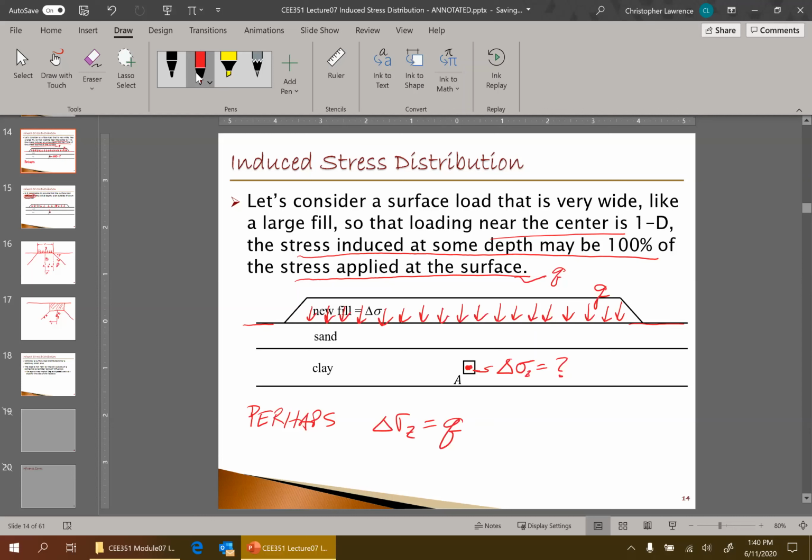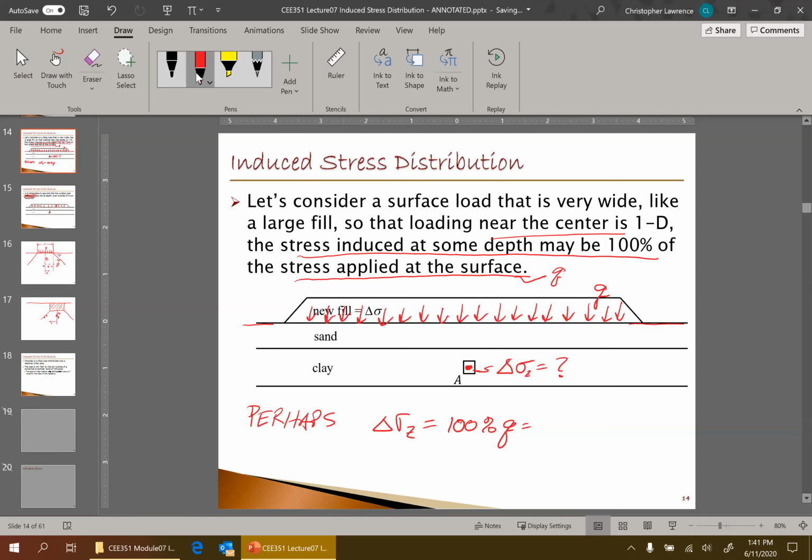And actually let me put this in better terms for what we're heading towards: 100% of Q. In other words, point A experiences all of the new stress that was applied some distance above. That is possible in some situations, especially when the load is very, very wide. Okay, and what is Q?